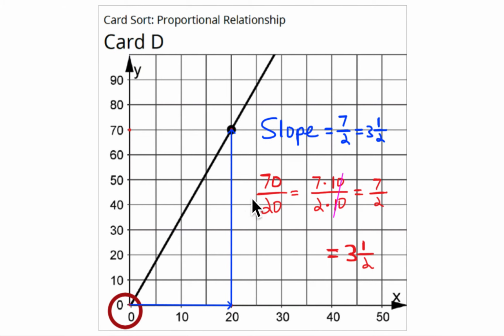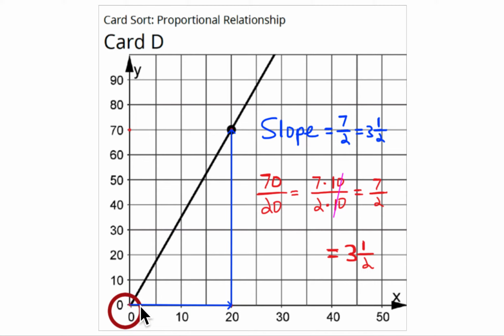This card D is the same. Different scales, so these graphs are going to look different if you set them side by side, because they're different scales, but they are the same graphs. So the value along the x-axis is 70 units.